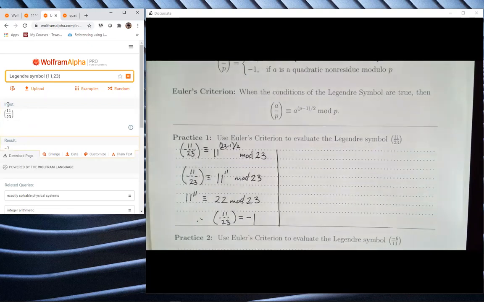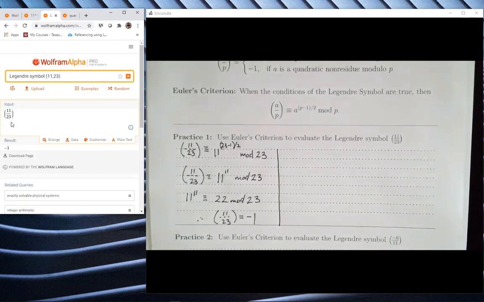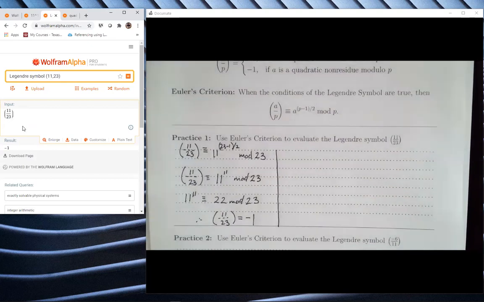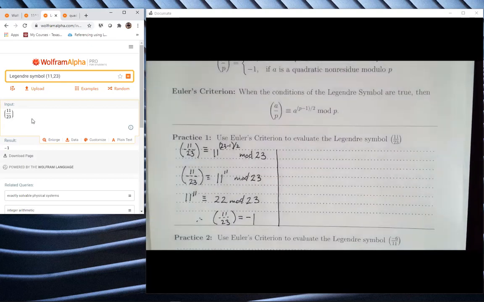It's important to state that this is not a fraction. This is not a numerator up here, and this is not a denominator. This little horizontal bar is not necessarily a vinculum, but we can think of it as one. The answer should be -1, and we went through and got the answer of -1.